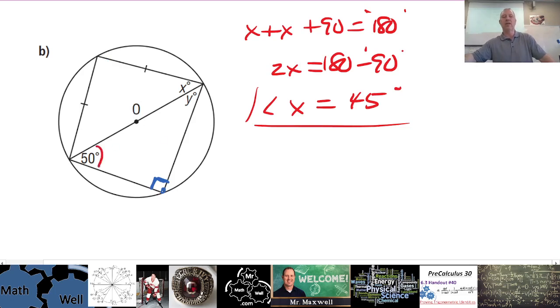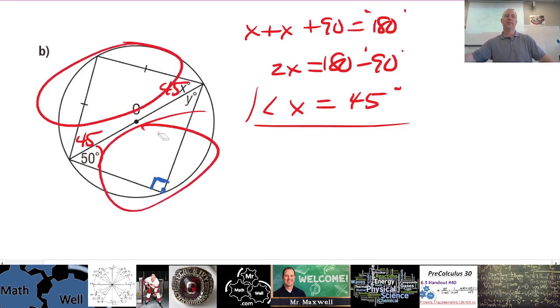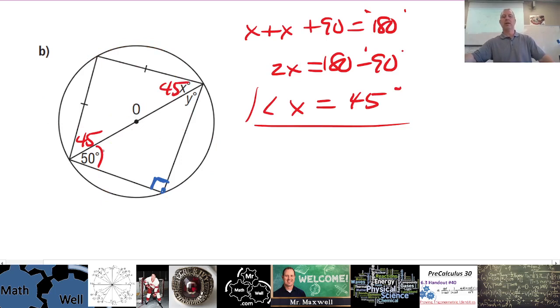Now, this is 50, and because this is 45 and this is 45, that tells me this triangle down here is not the same as the triangle up there. So we definitely have to do some thinking. I'll do this in black here. I have 50 degrees, I have 90 degrees, and I have one remaining. That's going to be pretty easy.